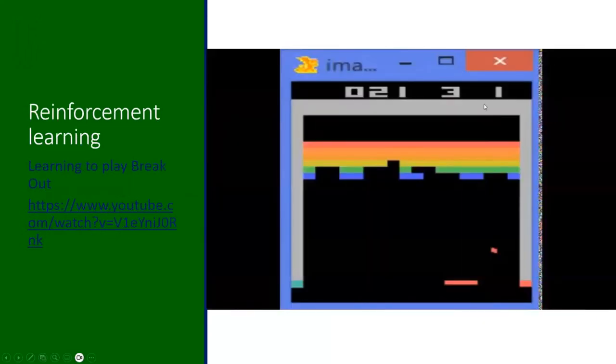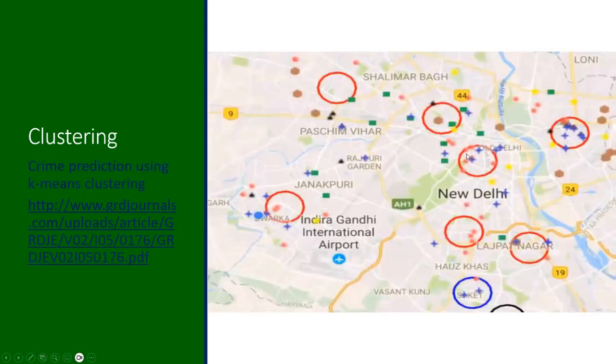And then the other one is reinforcement learning, where you let the prey break out. And the last one is clustering. With clustering, you want to predict the k-means value for clustering, to figure out whether somewhere the crime rate is higher.